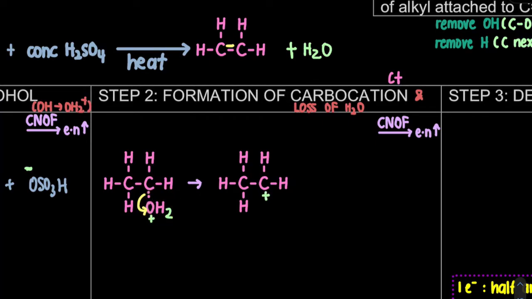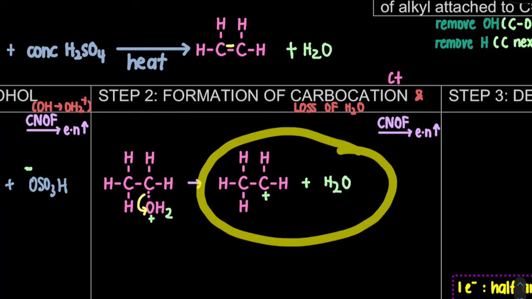We know water is a neutral molecule, plus H2O, which is our byproduct. Why does it become a neutral molecule? Because it contains positive charge, right? And then it accepts electron. So when it accepts electron, it is negative. So positive and negative cancel out, so we form our water.